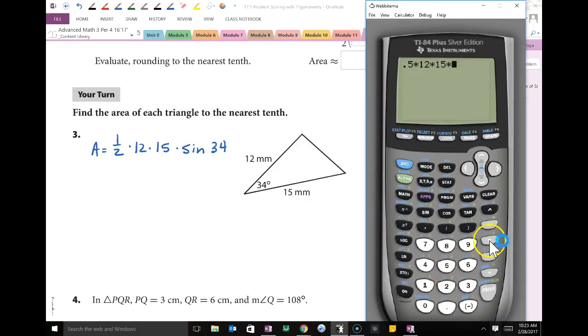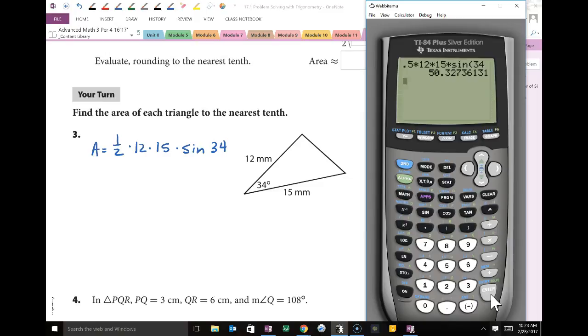Did everybody find the sine button? The sine of 34. And did everybody get 50.3? Did anybody not get 50.3? Because it's possible for you to not get 50.3. That's a calculator setting, isn't it?